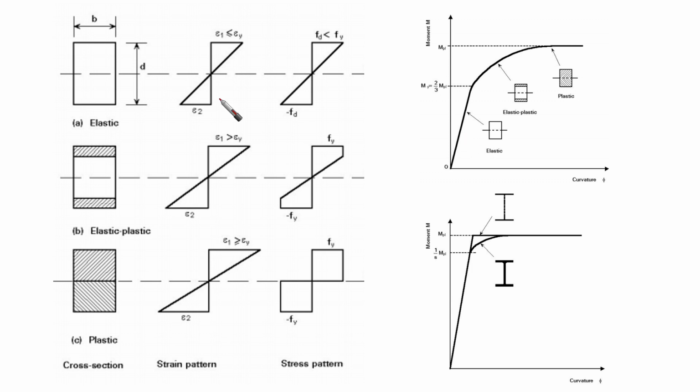If we have a cross-section with width B and depth D, and we assume a relation between the moment and the curvature, then in the horizontal axis we put the curvature and in the vertical axis we put the moment. This is the curvature-moment relationship.